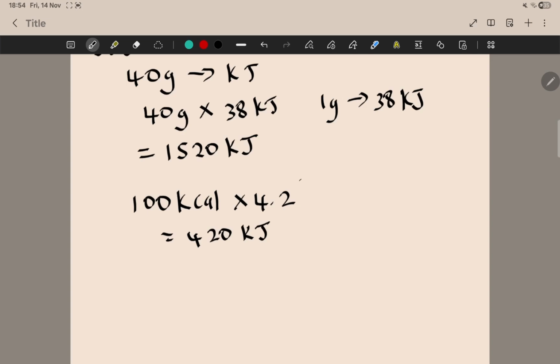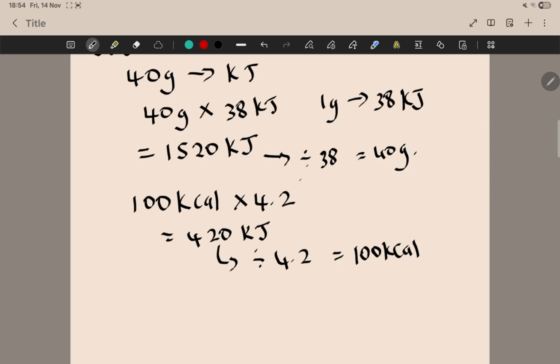Okay, if you want to convert it from kilojoules to kilocalories, just divide by 4.2, and then that will give you 100 kilocalories. Same with this. So you want to convert it back to grams, simply just divide by 38 to then give you 40 grams.